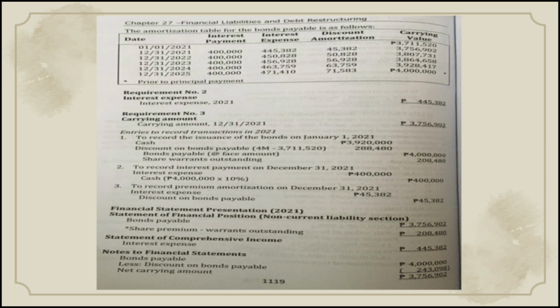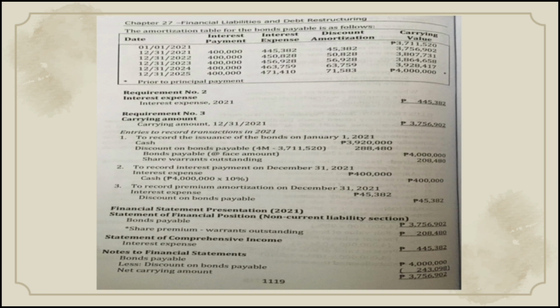And para makuha nato ang carrying value sa December 31, 2021, ang carrying value sa pagka-January is atong i-add sa discount amortization sa December 31, 2021. So, 3,711,520 plus 45,382 is equal to 3,756,902.